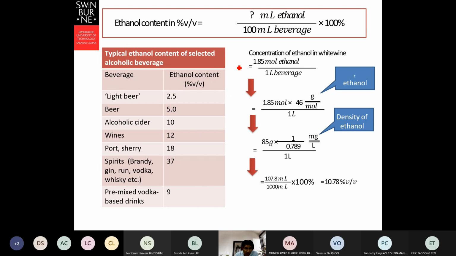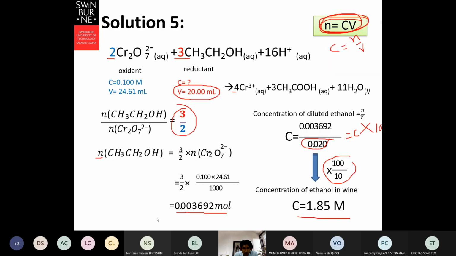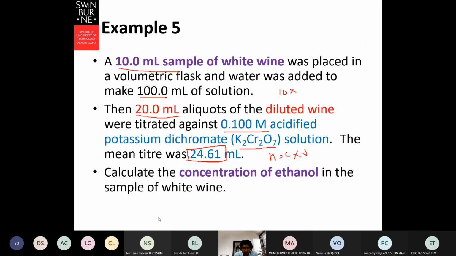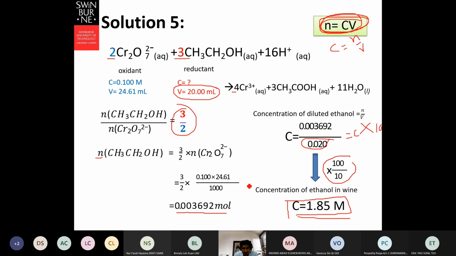Ethanol percentage, volume by volume. So we find that 1.85 molar of ethanol was in the solution, right? And why do we express it as 1.85, 3 significant figures?